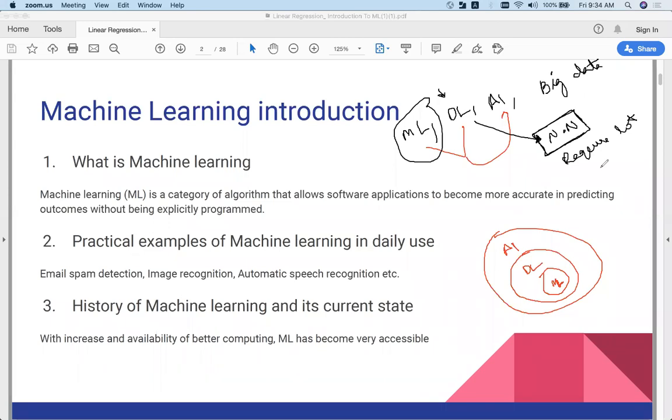So if you say that I'm a deep learning engineer, you are working exclusively with neural networks as the only algorithm. Neural network has different types, like 10 to 15 types. But if your core algorithm that you're using always is neural networks, then you can say that this is deep learning, right?